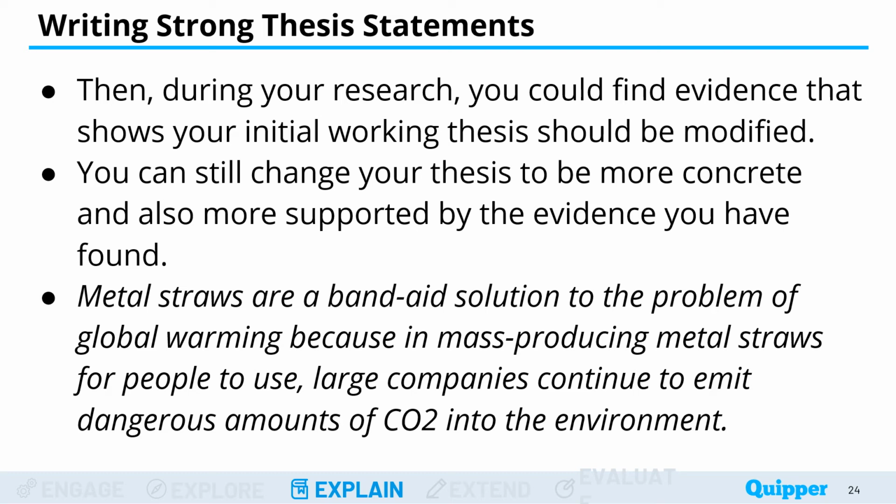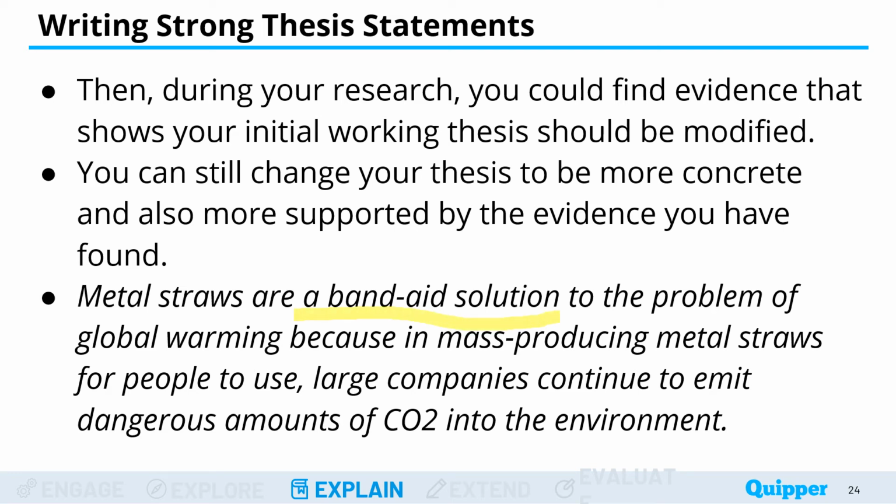So the example sentence here is: metal straws are a band-aid solution to the problem of global warming because in mass producing metal straws for people to use, large companies continue to emit dangerous amounts of carbon dioxide into the environment. As you can see, metal straws are a band-aid solution.